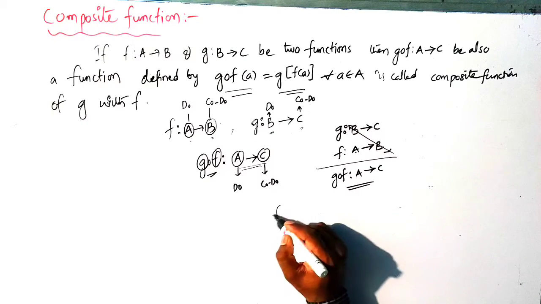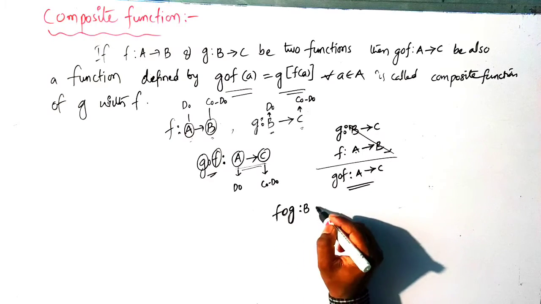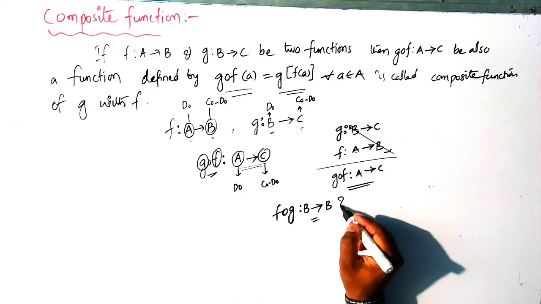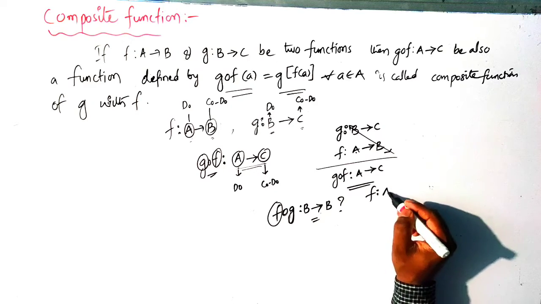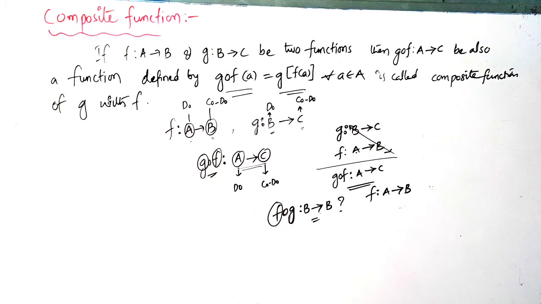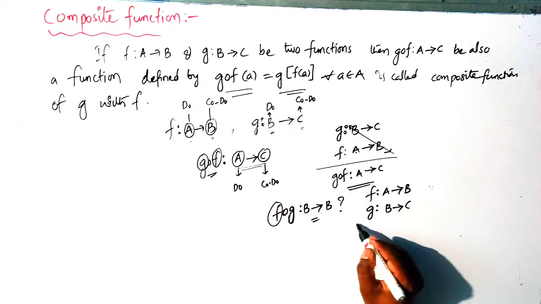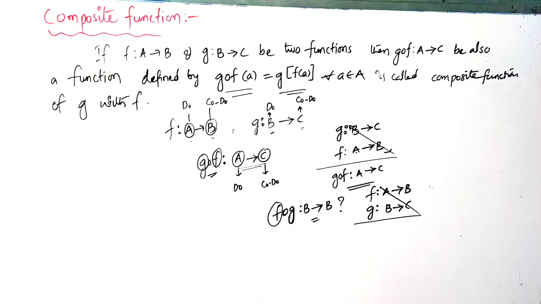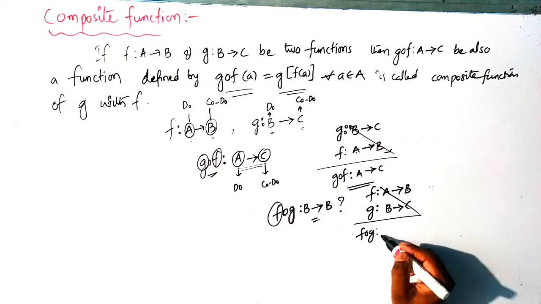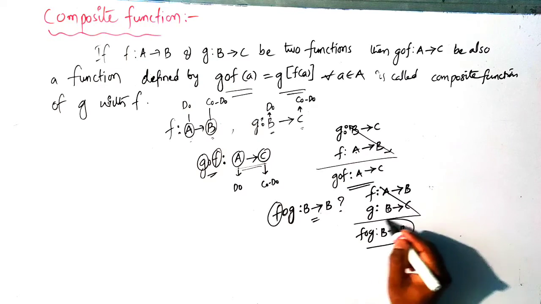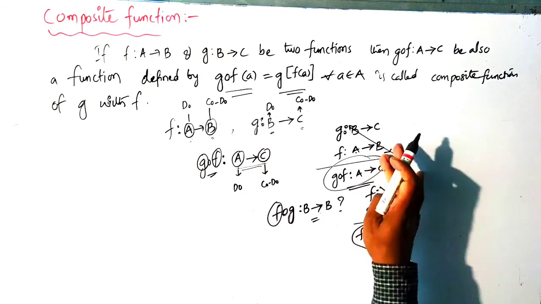In finding f circle g, it is a mapping from B to B. Here the first function is f, which is a mapping from A to B, and g is a mapping from B to C. For the combination of these two functions we delete these two values, so f circle g is a mapping from B to B. So we write the combination of any two functions using this condition.